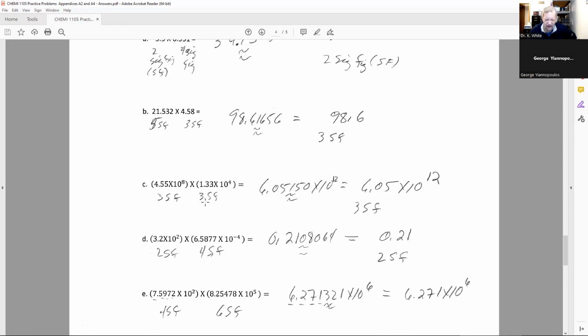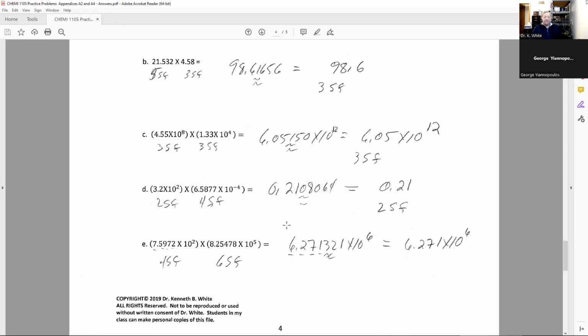Therefore, our answer should have 3. Keep the 6, keep the 0, keep the 5. Use the 1 to round off. That's why I have the double squiggly line. And you drop that and everything else. And that becomes 6.05 times 10 to the 12.